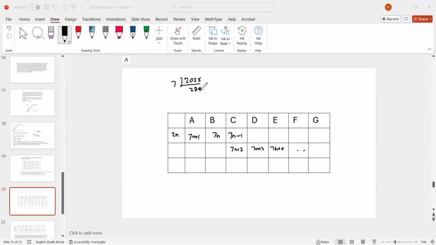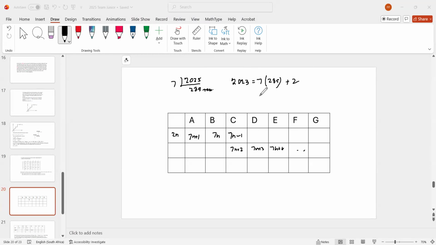Now, we noticed that 2025, when you divide it by 7, you got 289, remainder 2, which means that 2025 is equal to 7 times 289 plus 2. If I subtract 2 from that, I'll have 7 times 289.